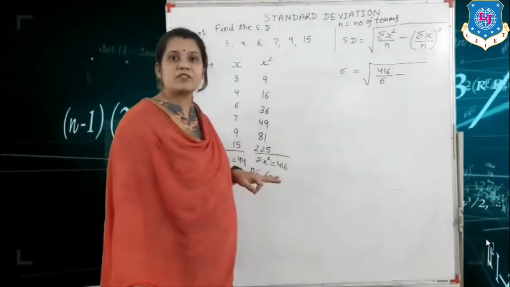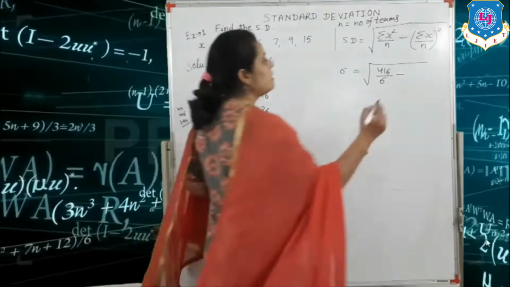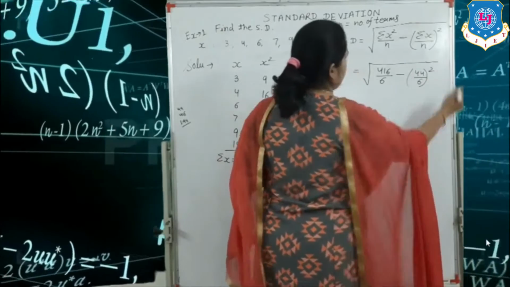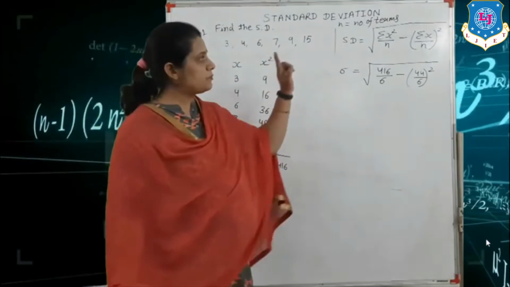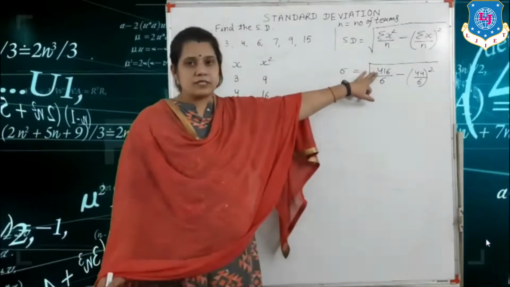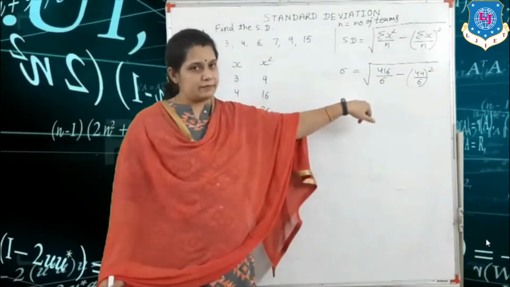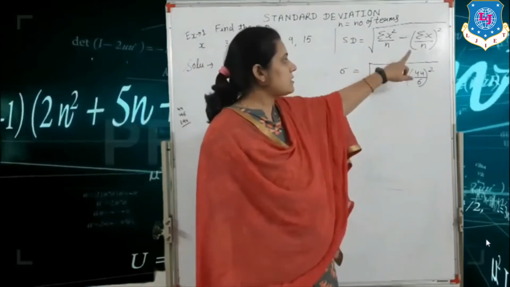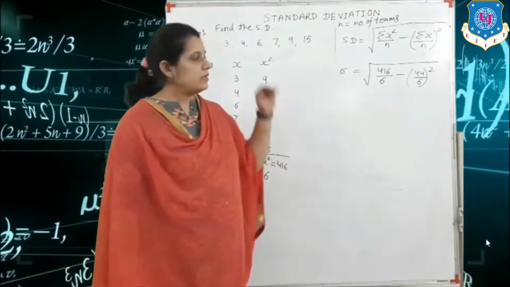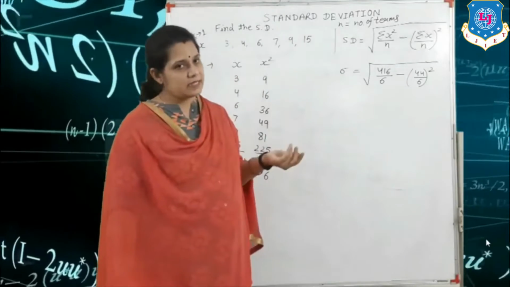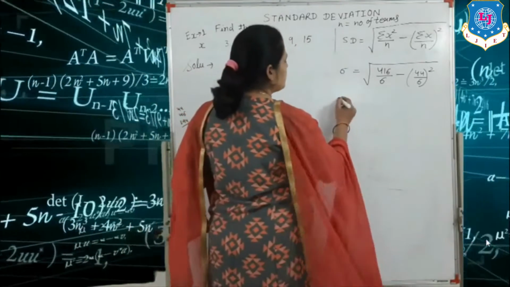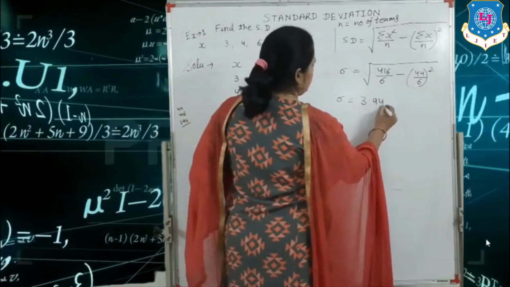The value of summation x is 44, so we write 44 divided by the number of terms, 6, whole square. Solve this step and we get the value of sigma is equal to 3.94.